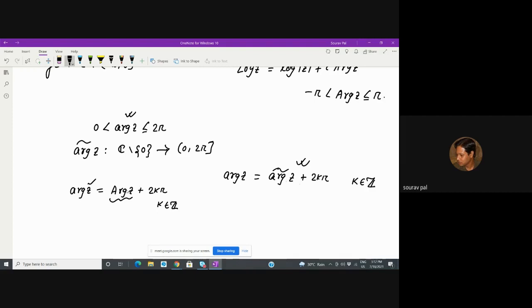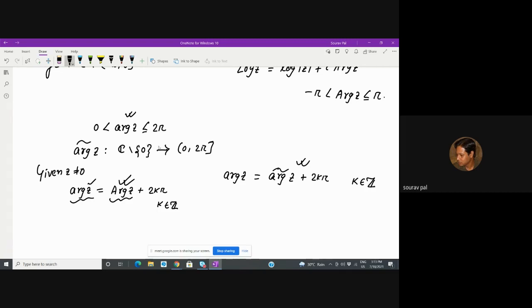We are interested in finding out the values of arg z for a given non-zero z. It is not a single valued function; it is multi-valued and has infinitely many values. All the values are obtained in terms of the principal argument, but instead of the principal argument, you can choose other arguments also, other sections of arguments. Once you fix a half open interval of length 2 pi, the argument is a single valued and well defined function.